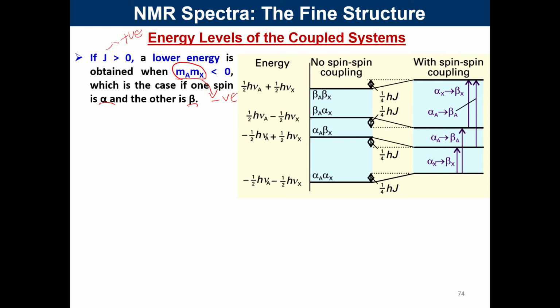And so this is the reason why when we have beta alpha or alpha beta, this term is negative and the energy is lowered.